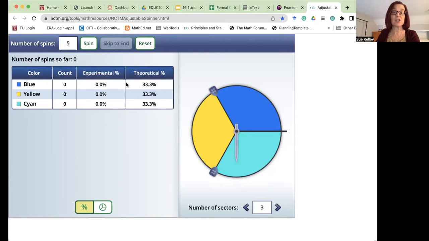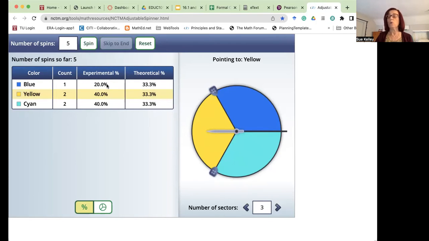We're going to pay attention to blue here during our experiment and see if, when we spin the spinner, we get the same experimental probability as the theoretical. I'm going to start with 5 times. You can hit this spin and skip to the end.